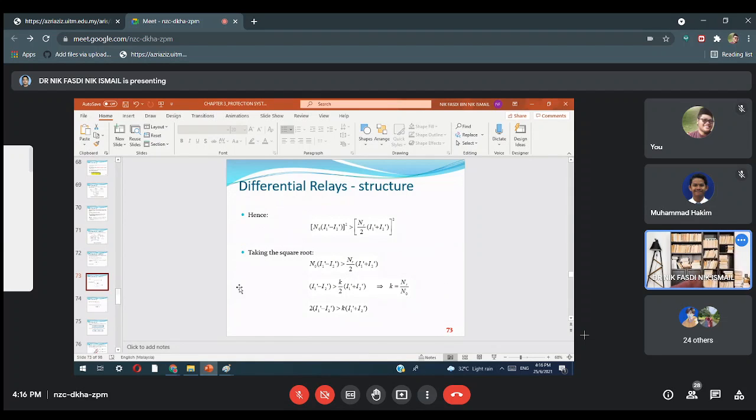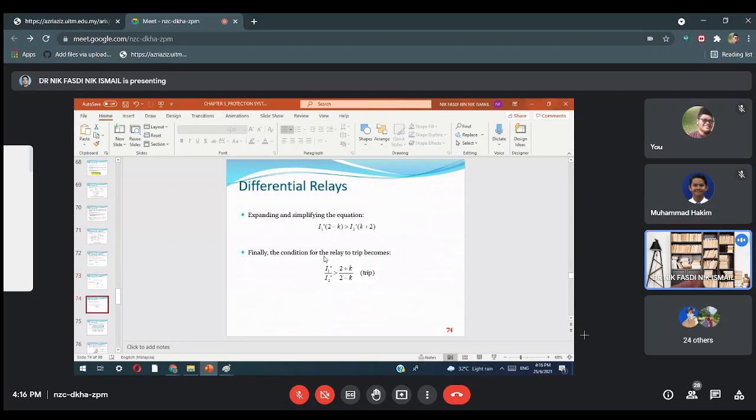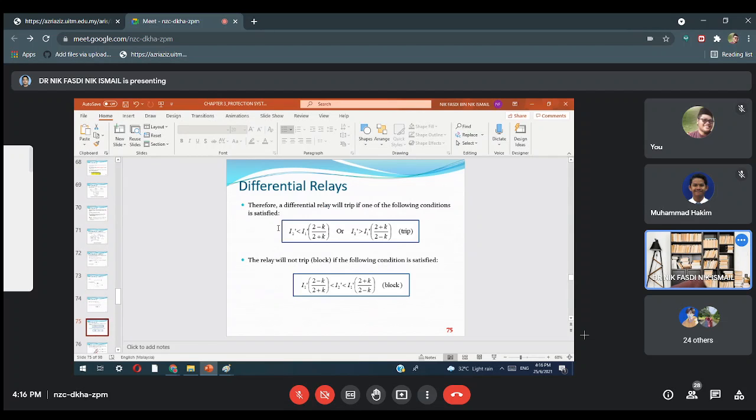Right? So if we do the derivation all the way, you will get this general formula for the condition for the relay to trip. Okay? I1 prime over I2 prime must be greater than (2 + K) over (2 - K). Trip region. Or we can put it this way or this way.